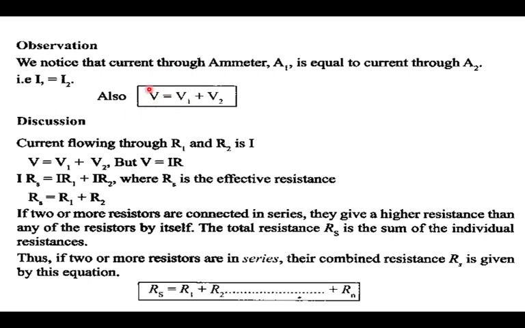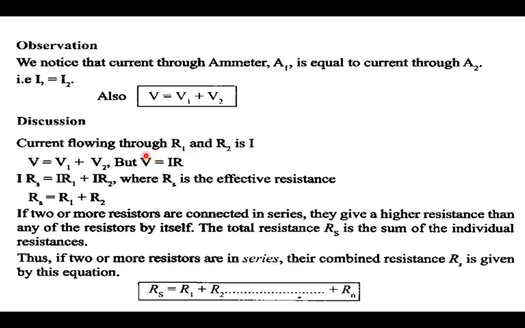Please, you can rewind and have a look at the circuit again. So if we look at the current flowing through R1 and R2, we said these are in series as I, and we are saying that the total voltage V is equal to V1 plus V2.